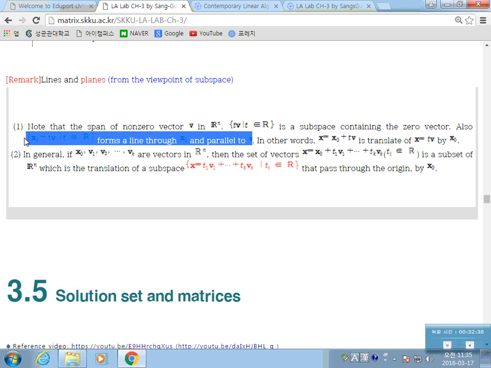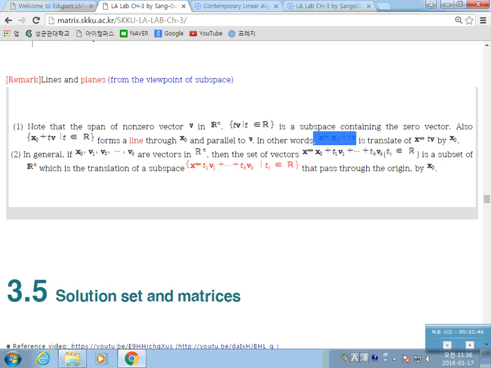You have seen this in section 1.3, vector equation. In this case, this line is a translate of that line from the origin to x0.